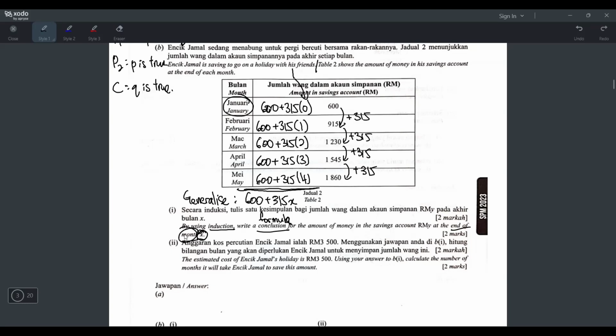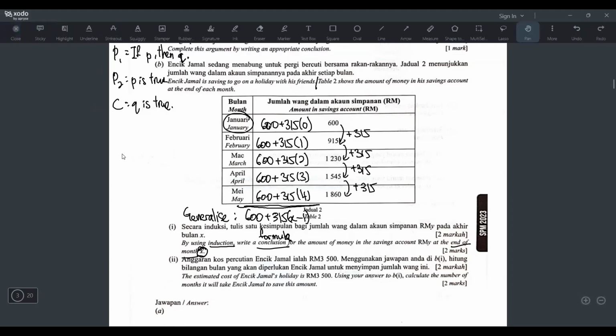That means I need to make this number 1. I want this number to become 1. So I cannot write X here. Instead I have to write bracket X minus 1, because I want to push back all these values. I want the 1 to be here. Basically, I don't want 0, 1, 2, 3, 4. I want 1, 2, 3, 4, 1, 2, 3, 4, 5 like that. And if I want this number to be 1, 2, 3, 4, 5, I have to take X minus 1 to push back.